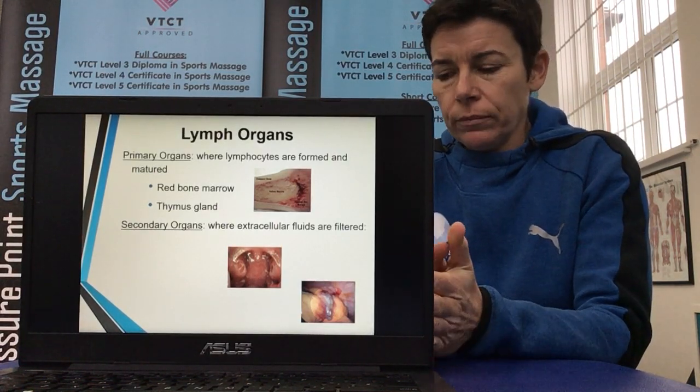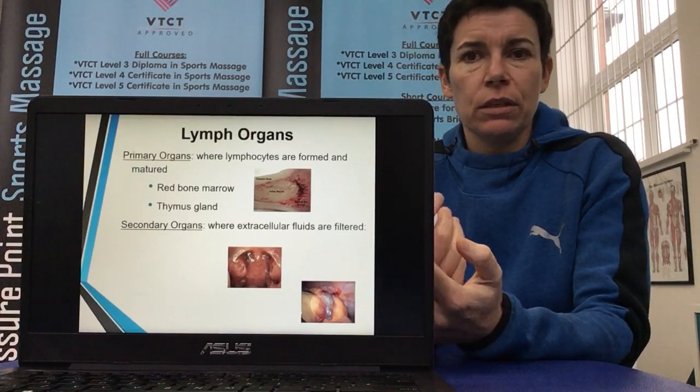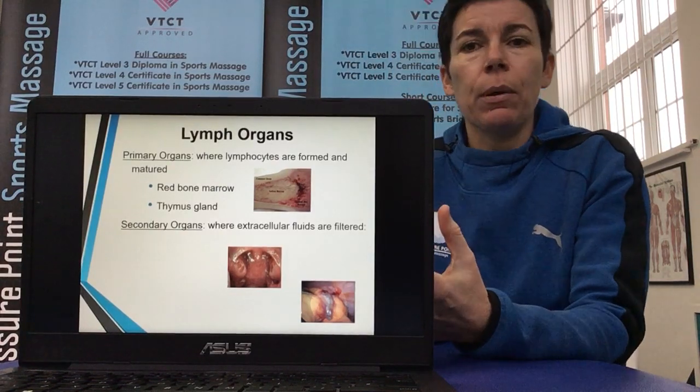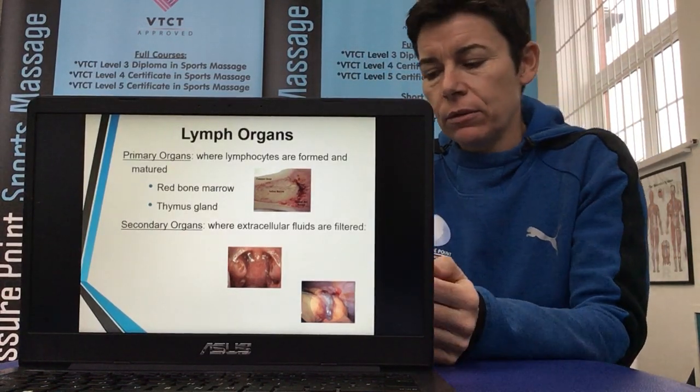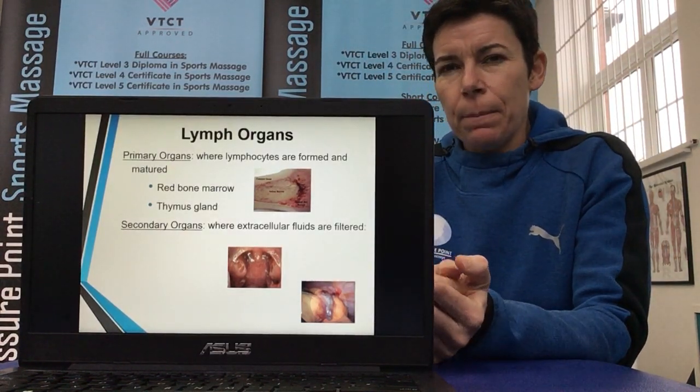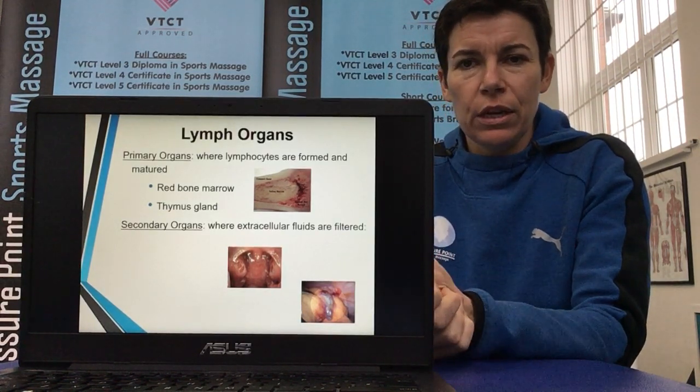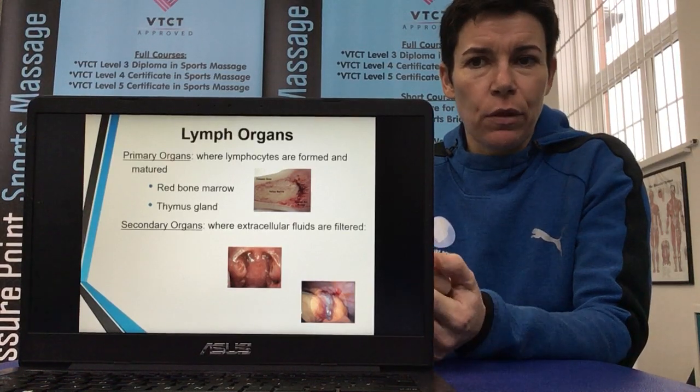So in children, the thymus gland is good at responding to viruses and building up immunity via the T cells. But once you get past that stage of life, it doesn't work, and it shrivels down to about the size of your thumb.